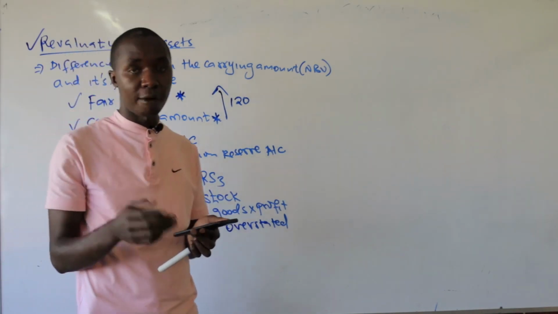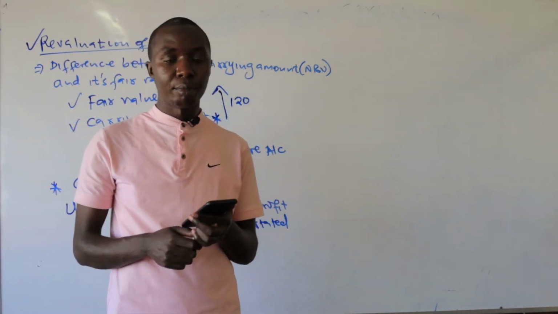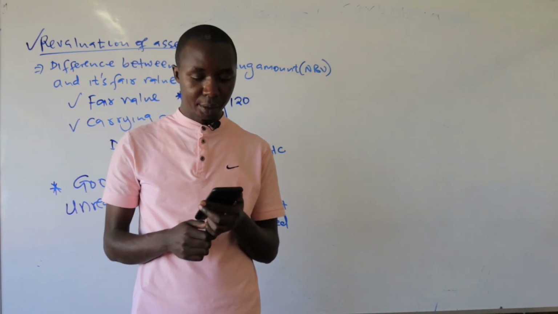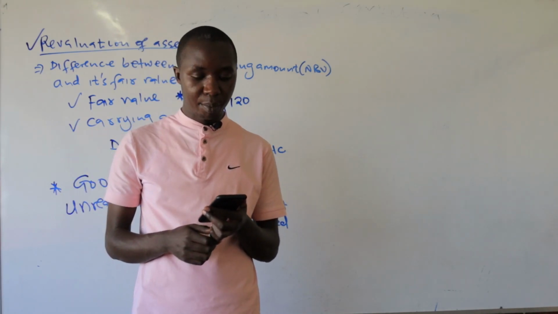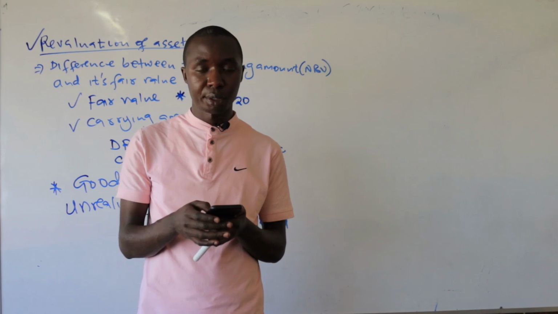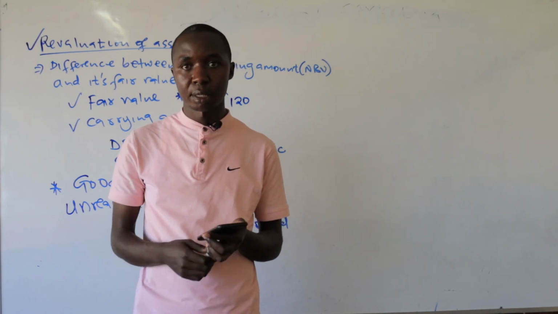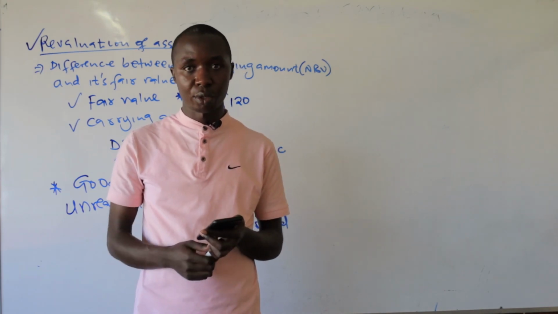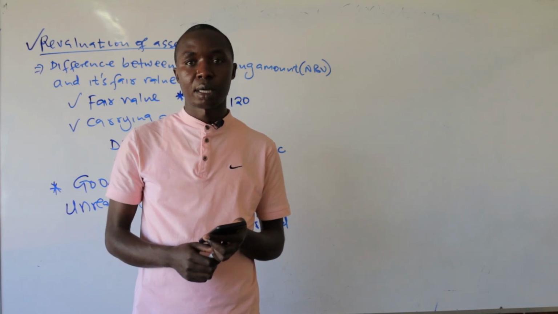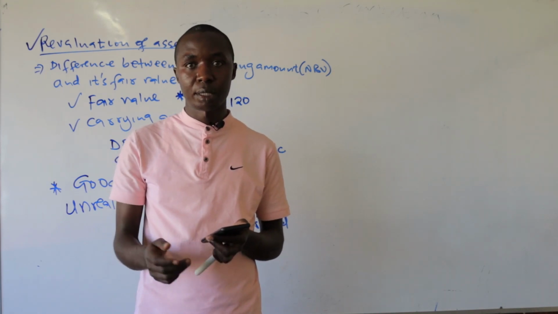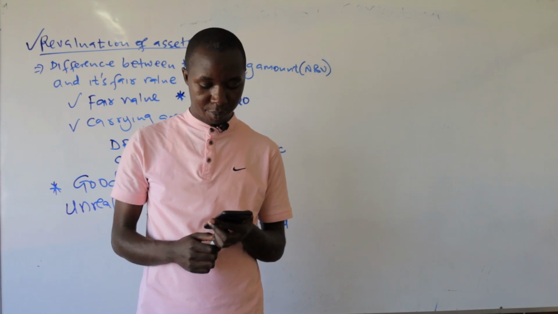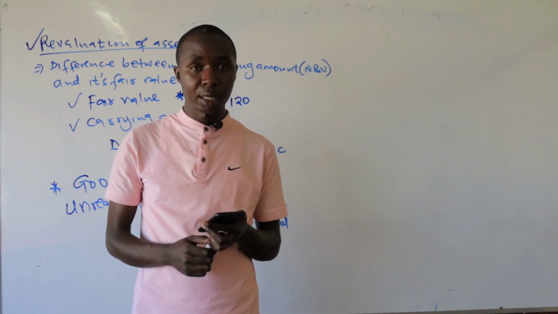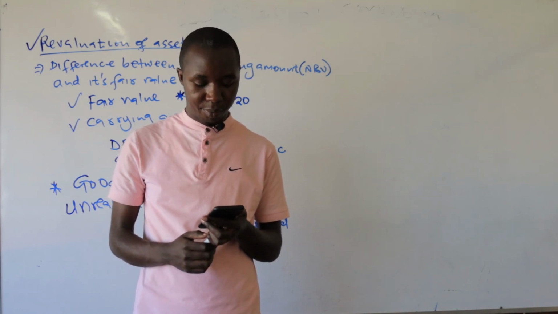So we need to avoid profit overstatement by eliminating that profit in the books of Sarama by doing what? Debiting the retained earnings, we debit the non-controlling interest account, and at the same time we credit the inventory account. So that is what was required in additional information number 3.